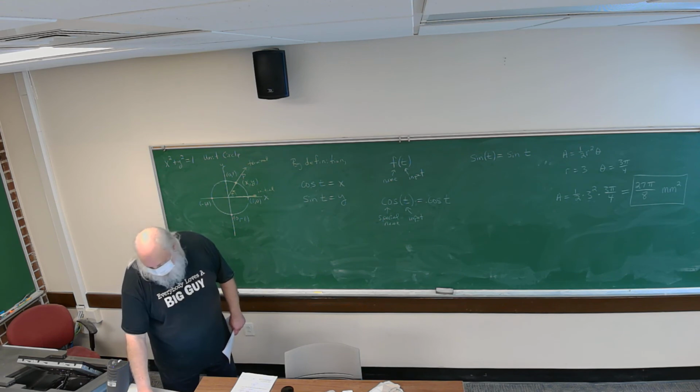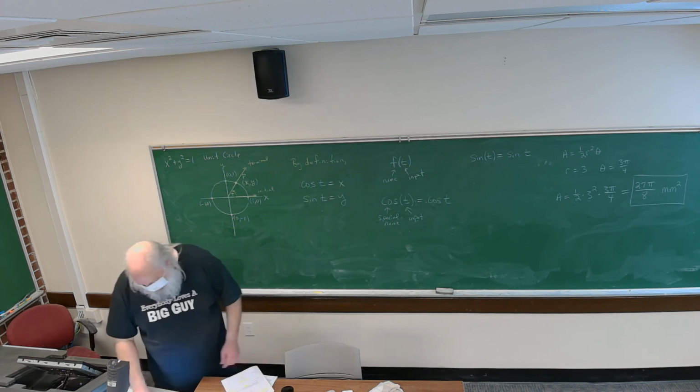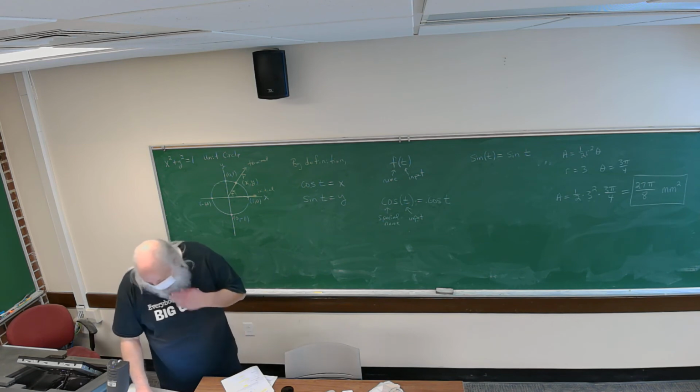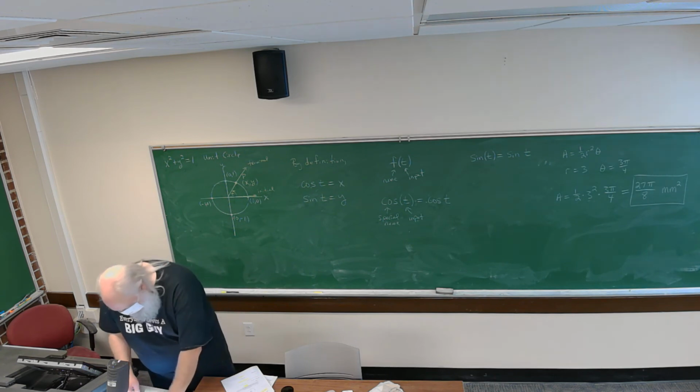So when you see cosine squared of t, it means cosine of t quantity squared. These two mean the same thing, but this is the notation that you will often see. And so this is the Pythagorean identity. This is actually an identity, and this is true for any angle t in radians.